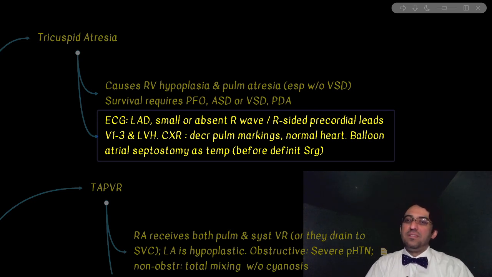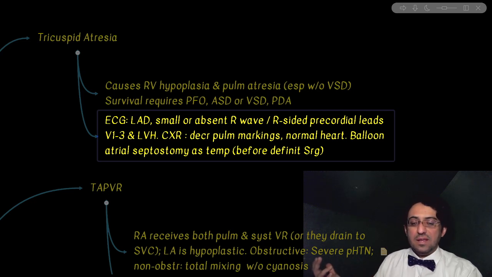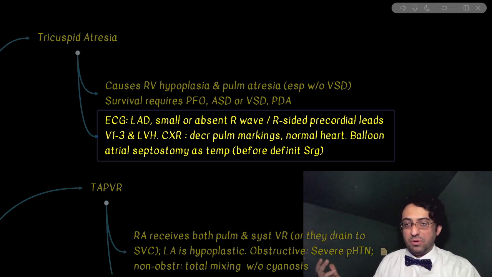What about the other ECG findings? Well, you remember that the R wave on the right-sided precordial leads correspond to the right ventricular electrical activity and action potential.